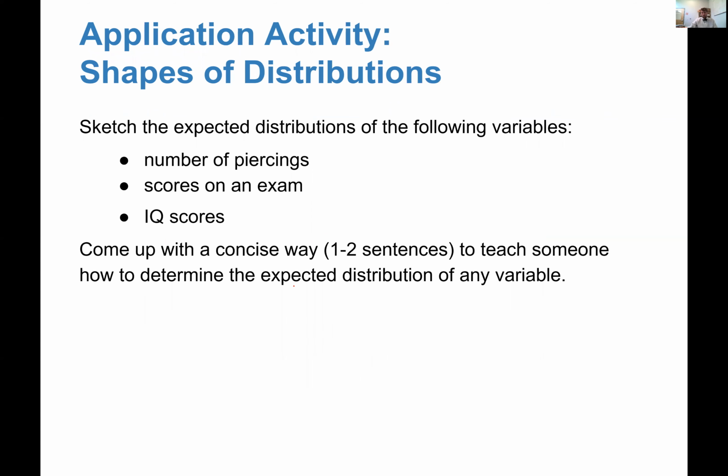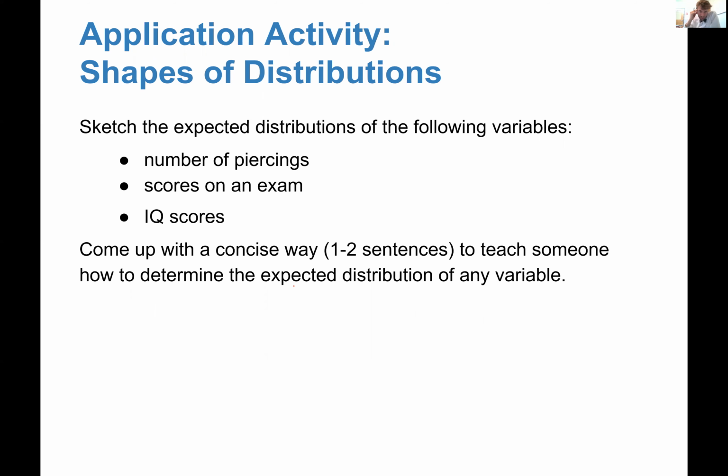Now let's sketch the expected distributions of the following variables: number of piercings, scores on an exam, and IQ scores. I'll do this first.